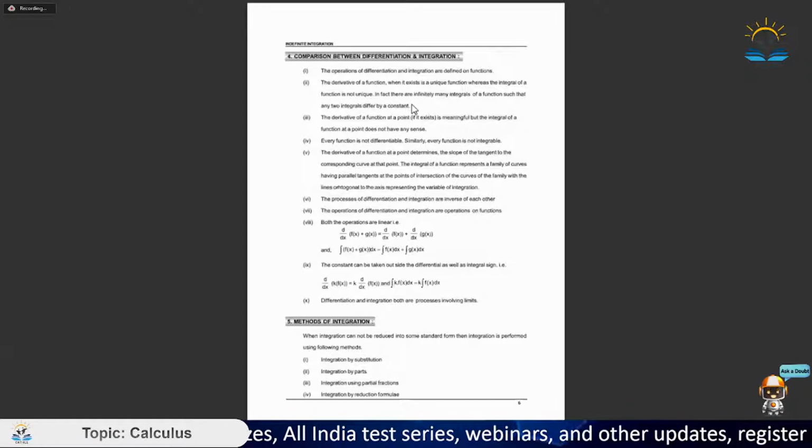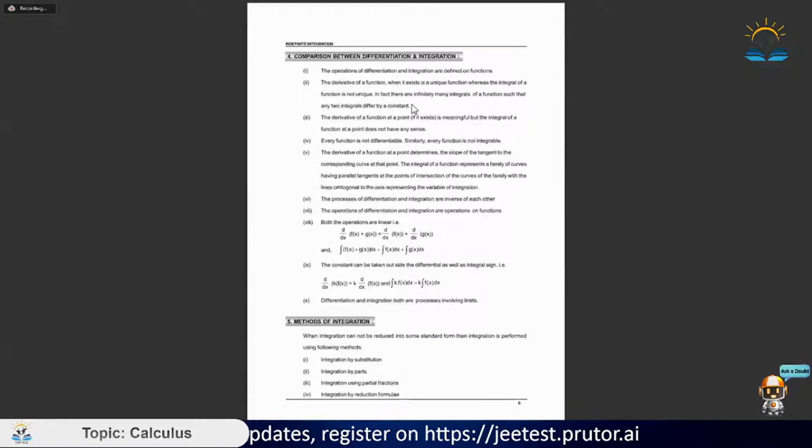What the second point is trying to say is that the derivative of a function exists uniquely. Suppose we have a function sin x. Its derivative is cos x. There is no other derivative for sin x other than cos x. So cos x is the unique derivative of sin x.